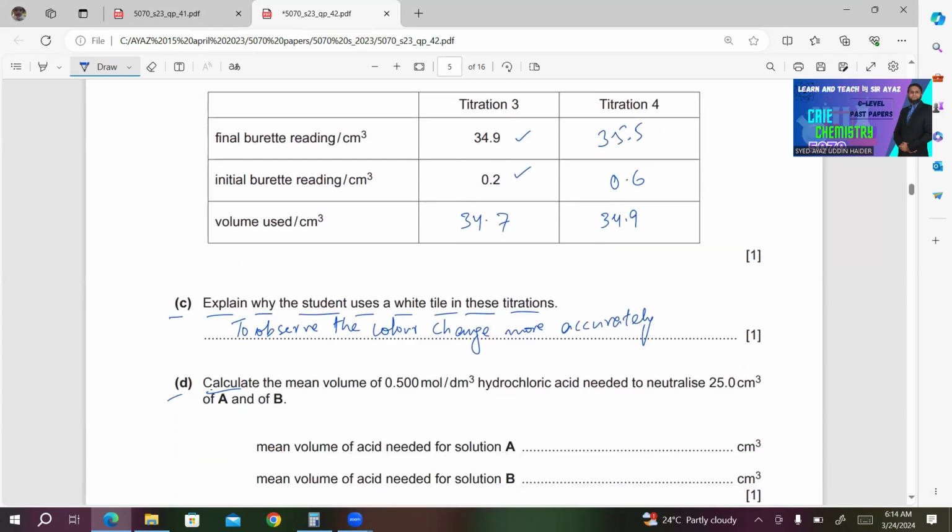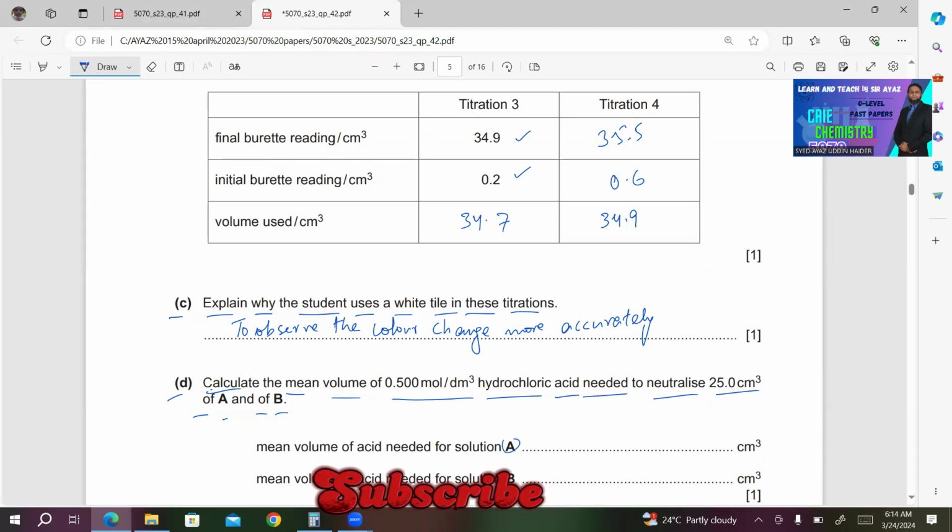D. Calculate the mean volume of 0.5 mole per dm cube hydrochloric acid needed to neutralize 25 centimeter cube of A and of B. So I'm going to write the volumes for the acid needed for solution A on the left hand side.